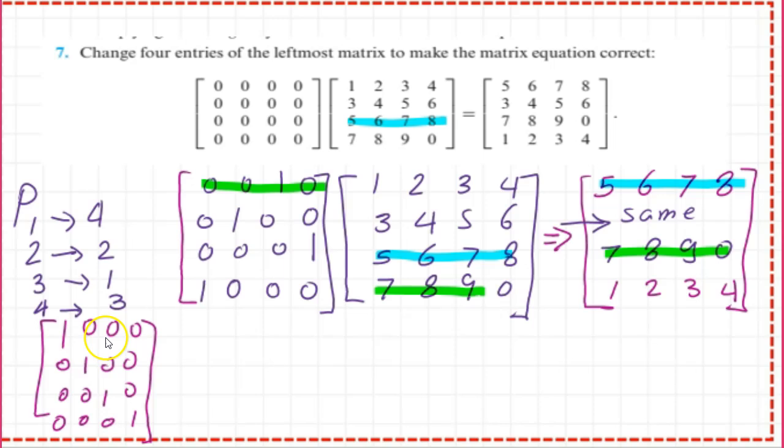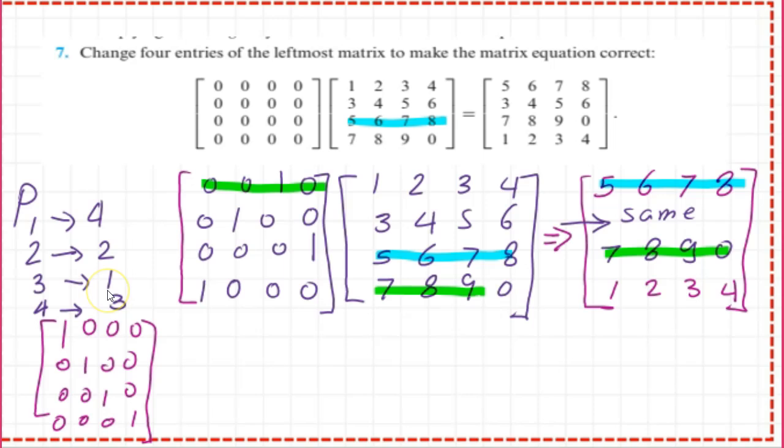So 1, 0, 0, 0 will be in the fourth position. And 2 remains, so 0, 1, 0, 0. The third one will move. The third 0, 0, 1, 0 will go up to the first position. And the fourth becomes the third position. This is the fourth, 0, 0, 0, 1. It will become the third position.